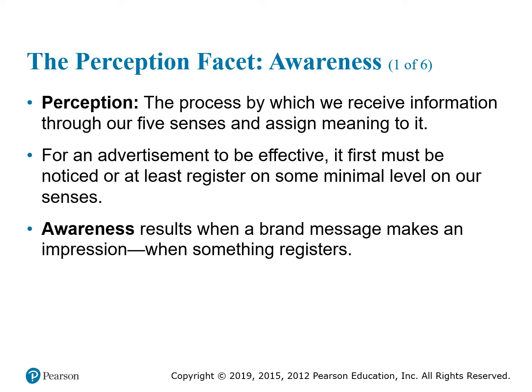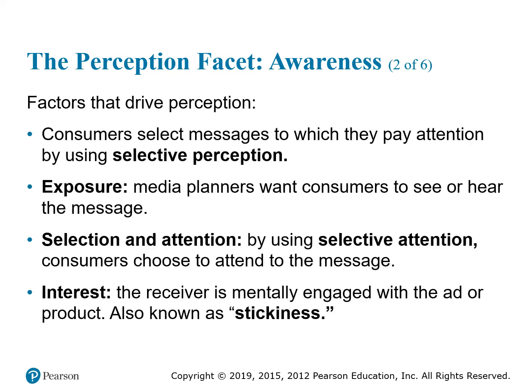Let's use the example of the billboard on 95 or the Turnpike. The "Your Wife is Hot." Funny, bright yellow, takes you off guard. Awareness results when a brand message makes an impression, when something registers. I know it's an air conditioning company. I don't know which one. But you get my point.